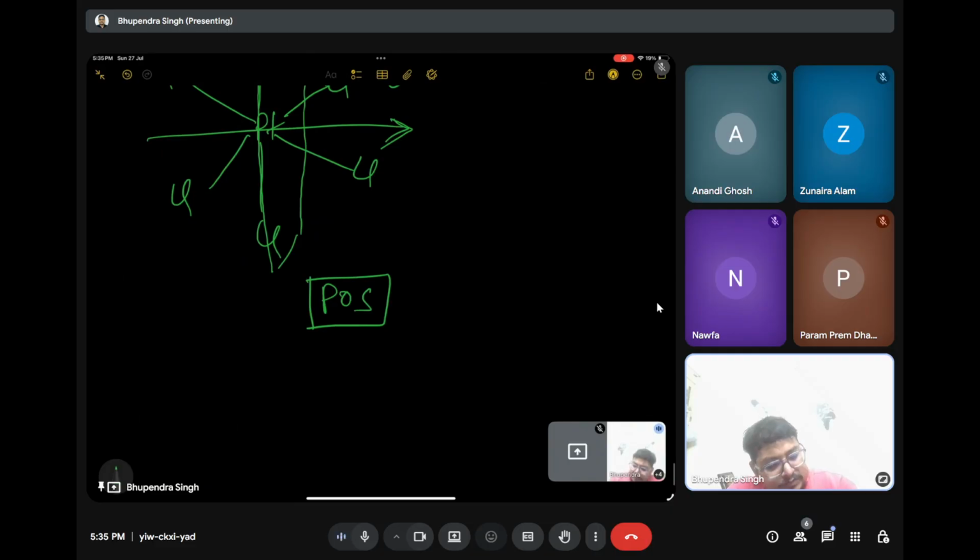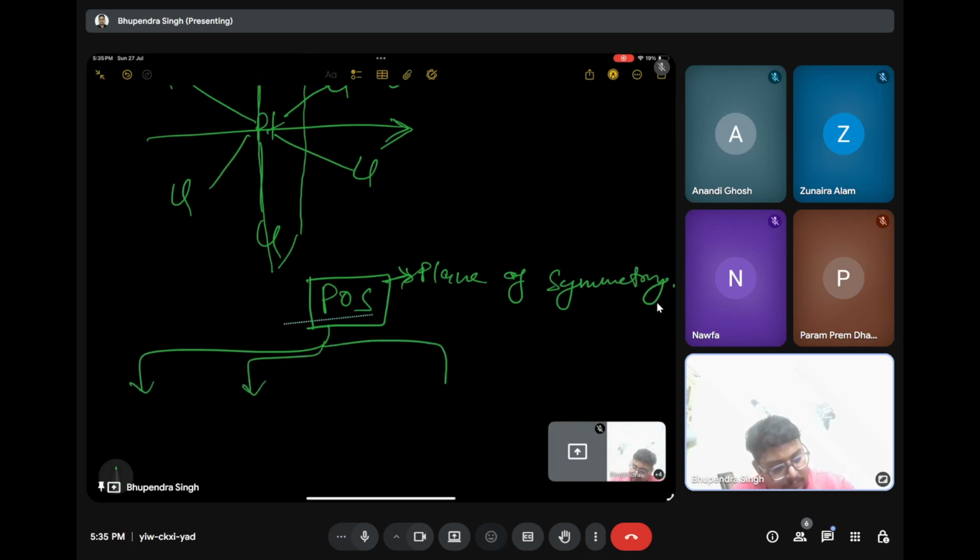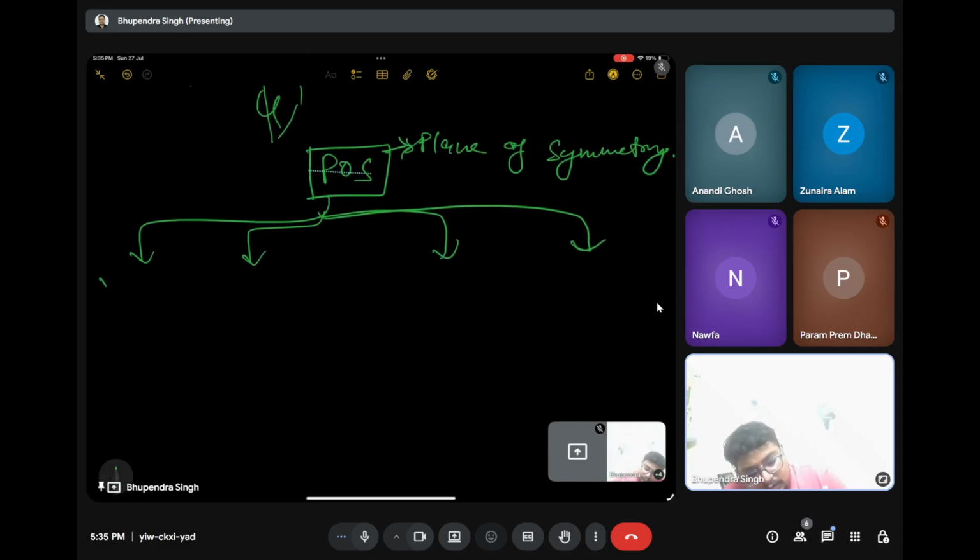Anyway, the plane of symmetry. There are vertical plane, horizontal plane, dihedral plane, and molecular plane.